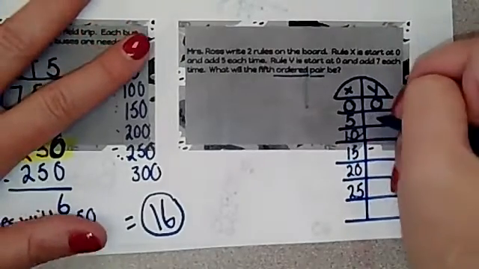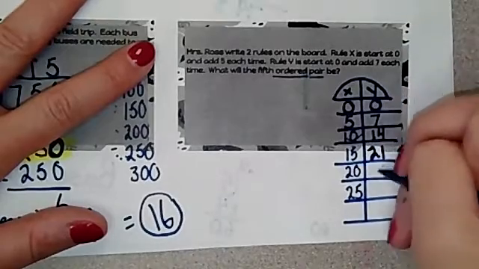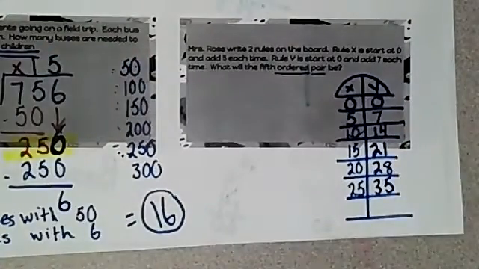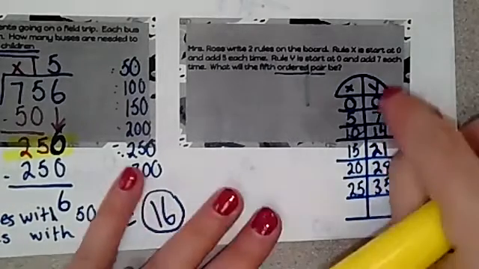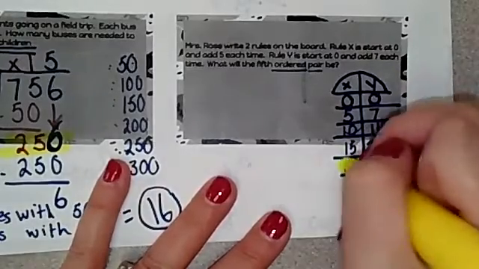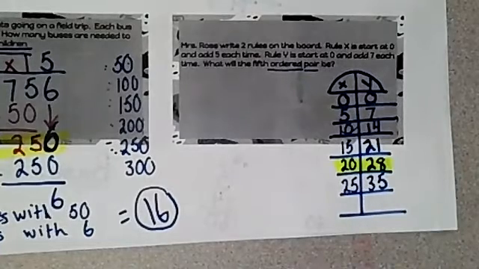Tell me, Evan. Very good. Okay. So the 5th ordered pair, and I think that we should probably count 0, 0. Don't you think we should count the origin? Because it says that's where it started. So count down. 1, 2, 3, 4, 5. 5th ordered pair. Cool? All right, we're going to pause and take a little break.